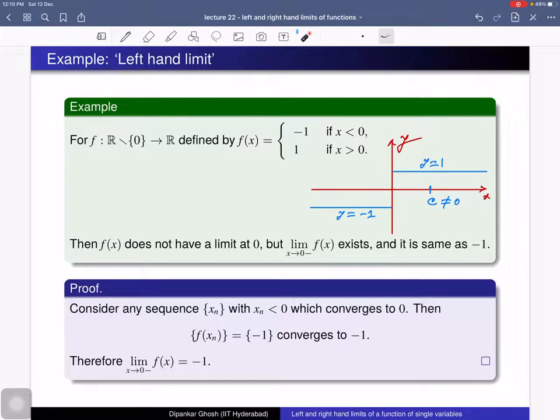So you are considering a sequence on the negative side which converges to 0, then this function value is just a constant sequence and it converges to minus 1. So for any sequence which converges to 0 from the negative side, this sequence converges to minus 1. So by the definition, in this case this left hand limit exists and it is the same as minus 1.